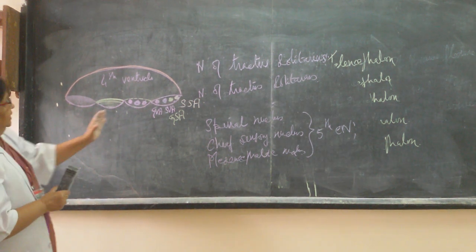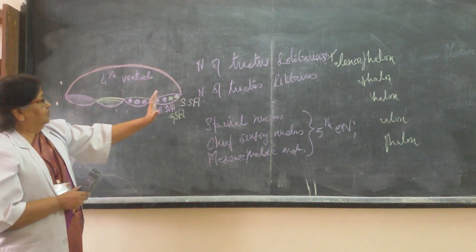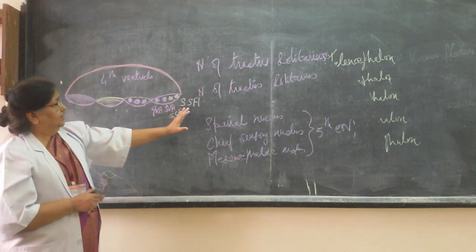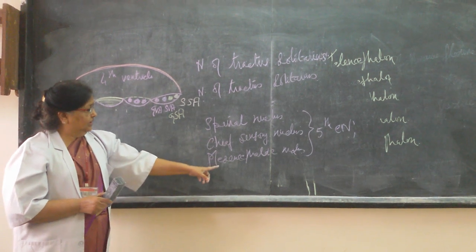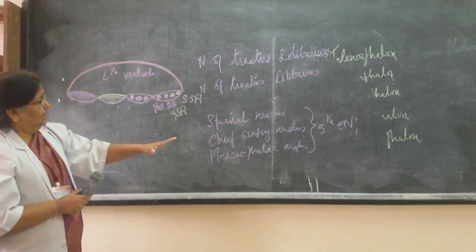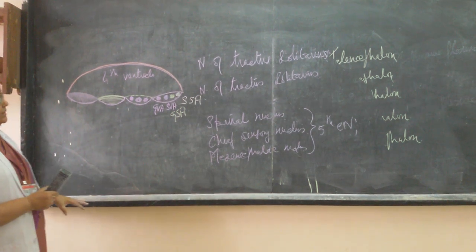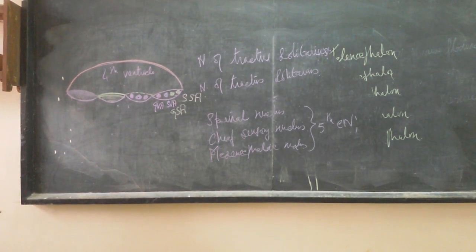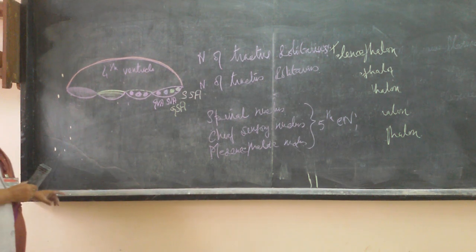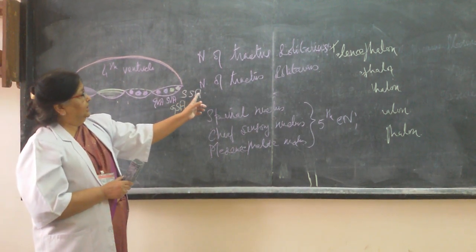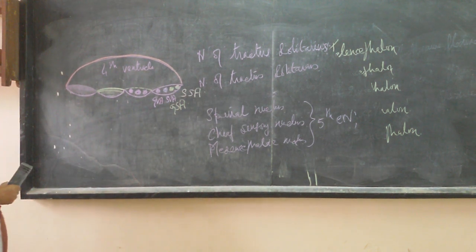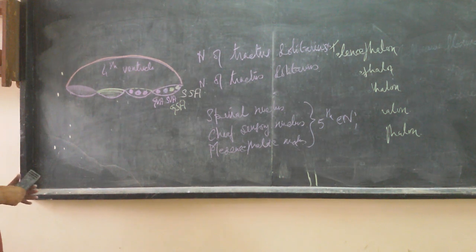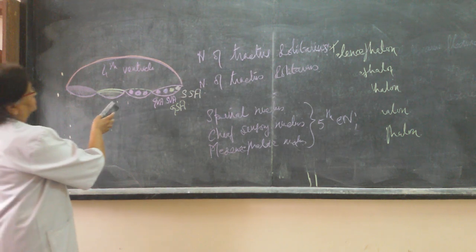And in the alar lamina region, the sensory components are present. The spinal nucleus, chief sensory nucleus, and mesencephalic nucleus are nuclei of the fifth cranial nerve, and they extend throughout the extent of the brain stem. The special somatic afferent component is present in the vestibular and cochlear nuclei.